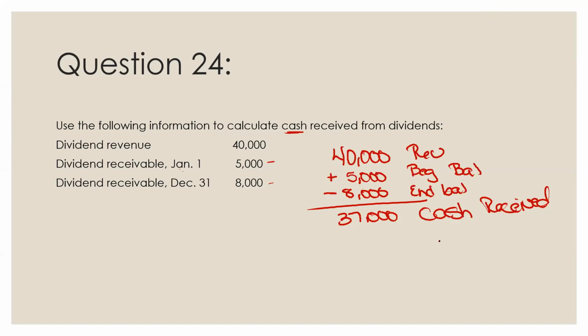Yes. But if I had revenue of $40,000 and I'm owed $3,000 more now than I was before, that means that $3,000 of that revenue I must not have collected as cash because they owe it to me. Oh, the cash that I received is $37,000. Oh, okay. That makes sense.